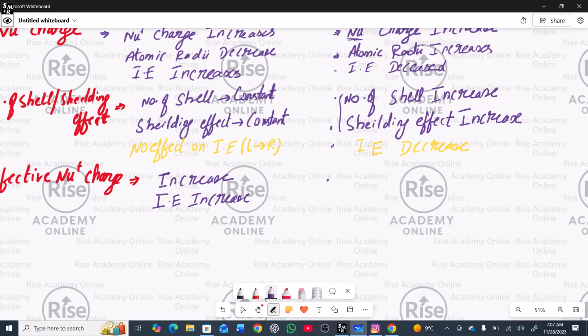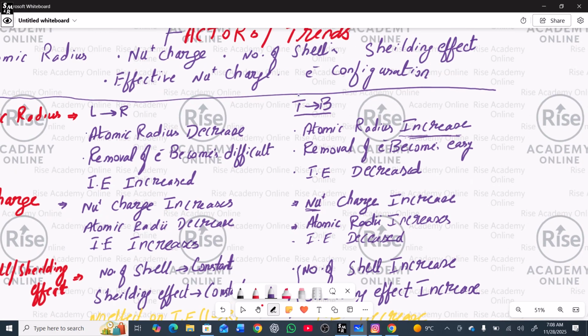So effective nuclear charge in moving from top to bottom in a group decreases, and this results in a decrease of ionization energy.